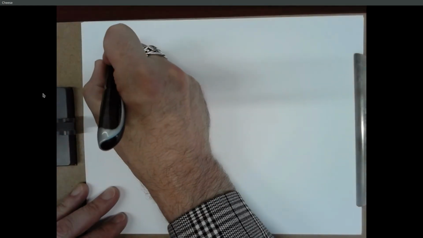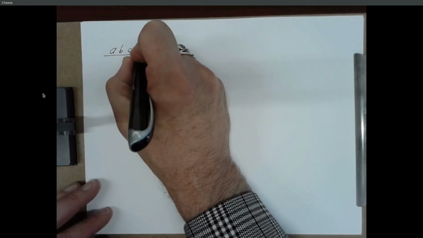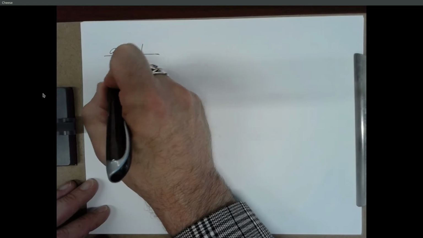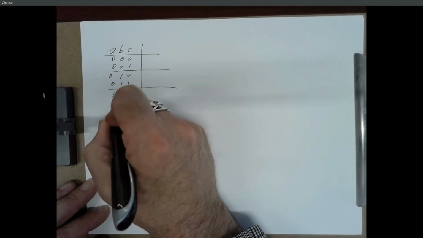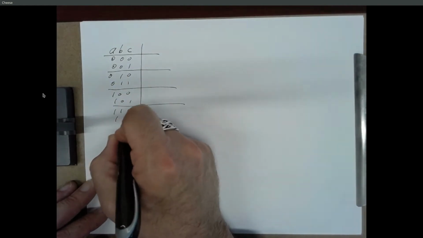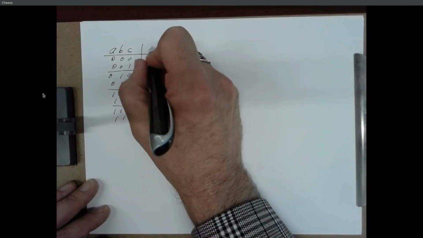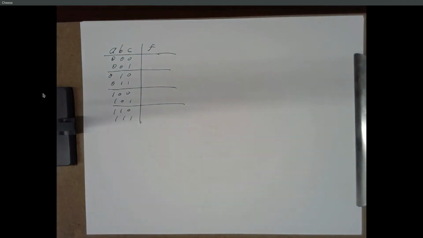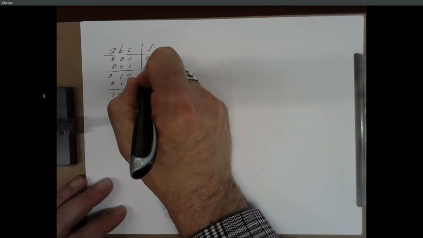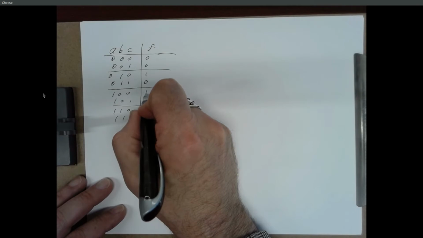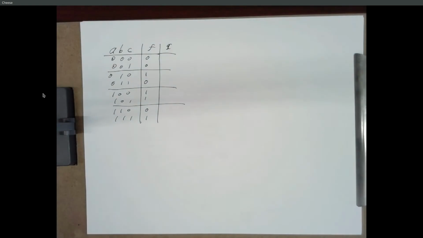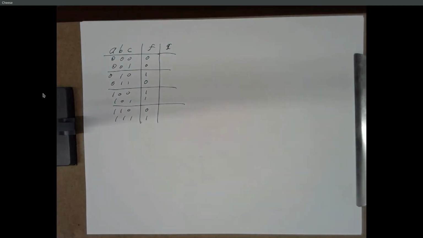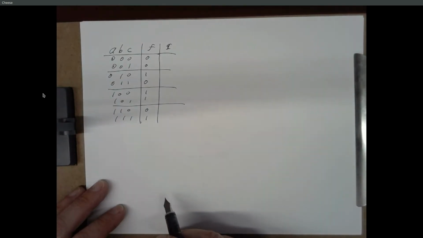So let's suppose we have a truth table with 3 inputs, A, B, and C, and some output F, with semi-random values for the output F. So 3 inputs, 8 rows in the truth table, 2 to the third.